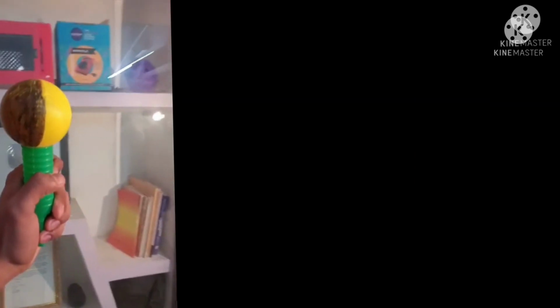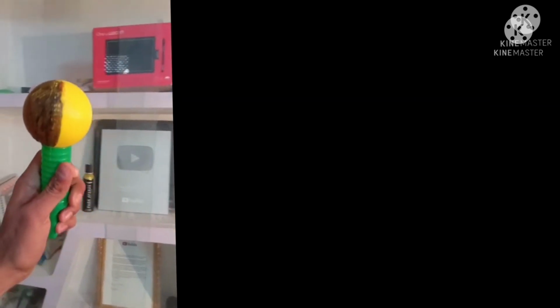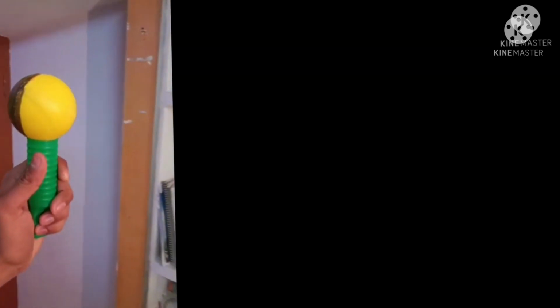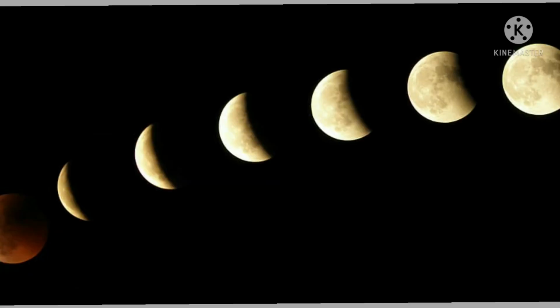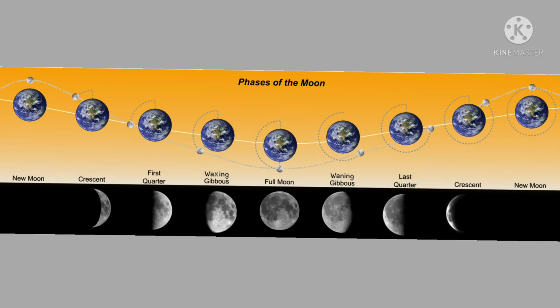Thus the phases of the moon occur as the moon revolves. Once again we will have a look. It is a crescent, first quarter, gibbous, and full moon day, and again gibbous, third quarter, crescent, and again new moon day.